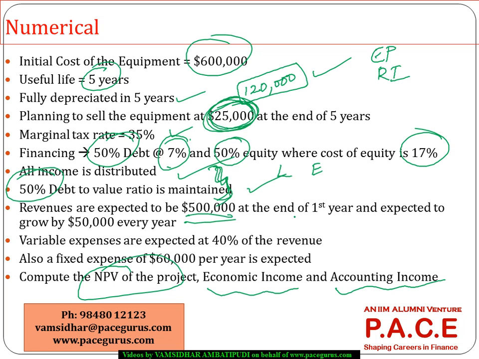Using these, if I want to find out my cost of capital, I have 50% in the form of debt and 50% in the form of equity. So how do I compute the cost of capital based on these two? The cost of capital is nothing but the weightage of debt into the post-tax cost of debt plus the weightage of equity into the cost of equity.